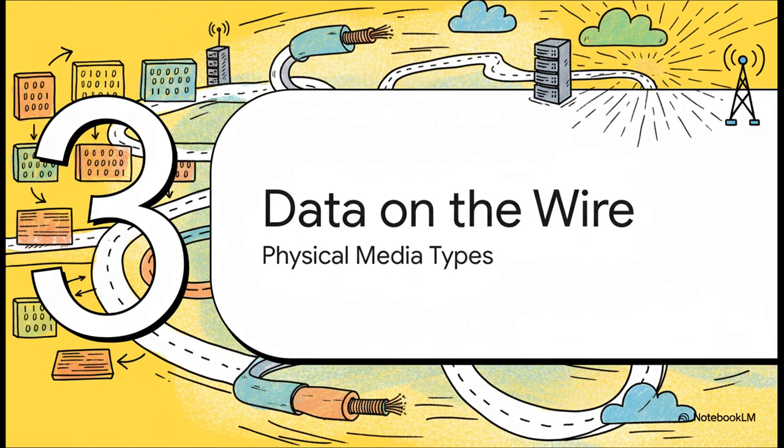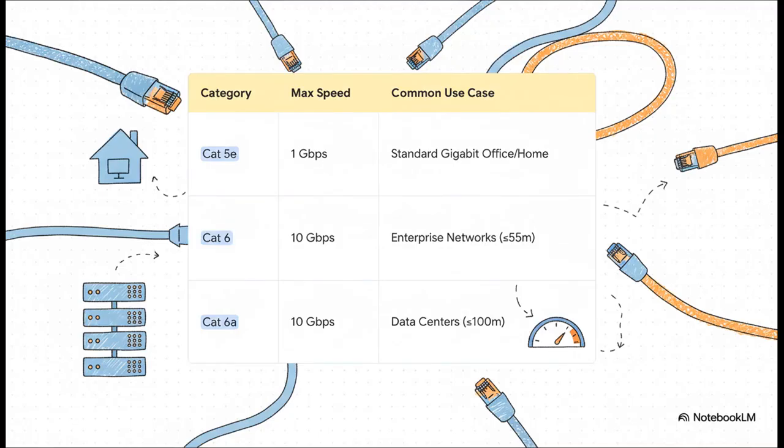Okay, so our data is packaged, it's addressed, it's been turned into a signal. So what kind of roads can it actually travel on to get where it's going? For most of us, that journey starts on a copper road. The good old Ethernet cable. The different categories, or CATs, are basically different speed limits. A standard Cat5e cable, the kind you probably have at home, is perfect for gigabit speeds.